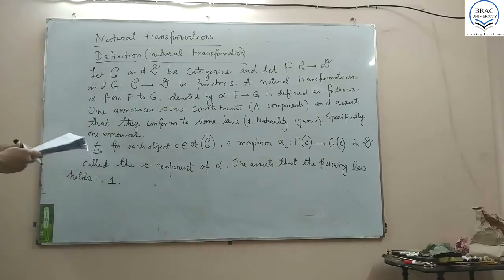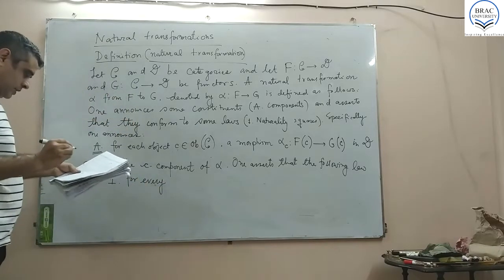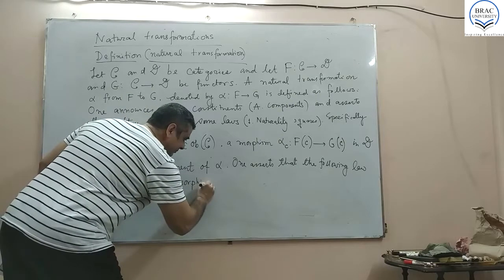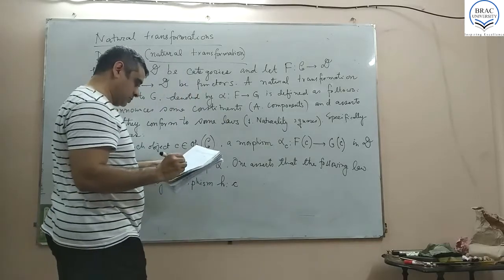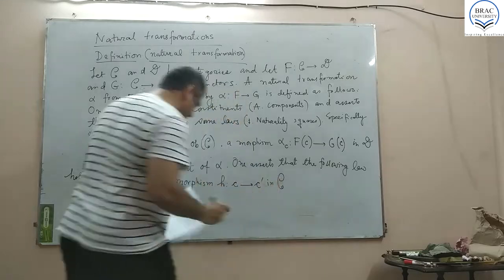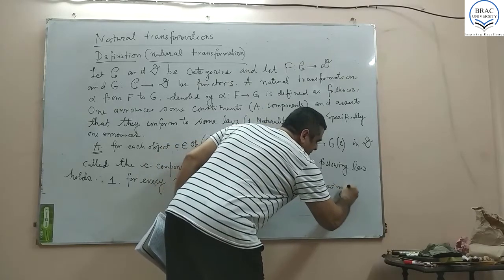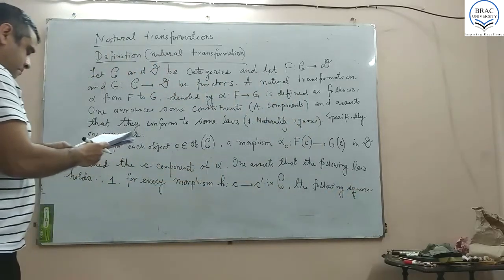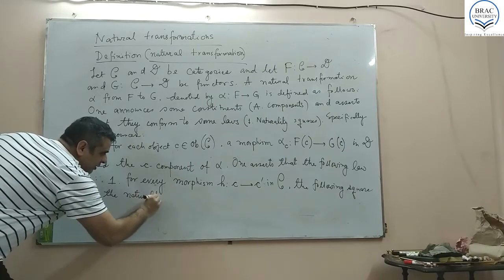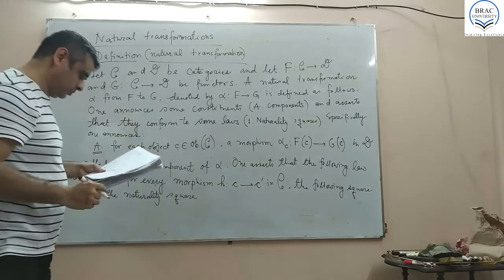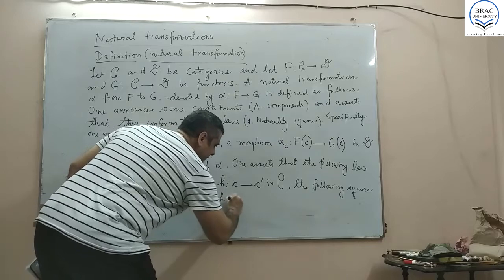For every morphism H from C to C prime in the category C, the following square, called the naturality square for H, must commute.